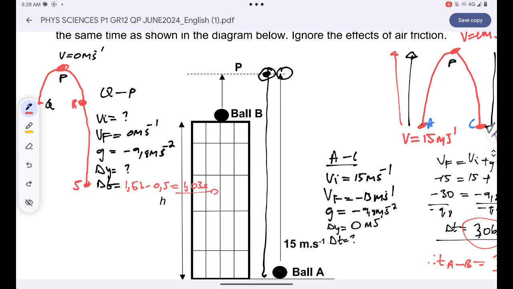This is the amount of time it took the ball to reach maximum height. Are we together? Both of these balls reach maximum height simultaneously, however the other one was projected 0.5 seconds later. That's why I had to find the difference between the two times.